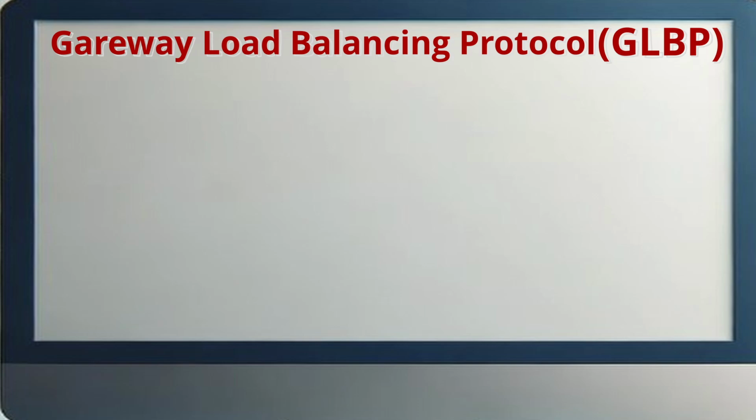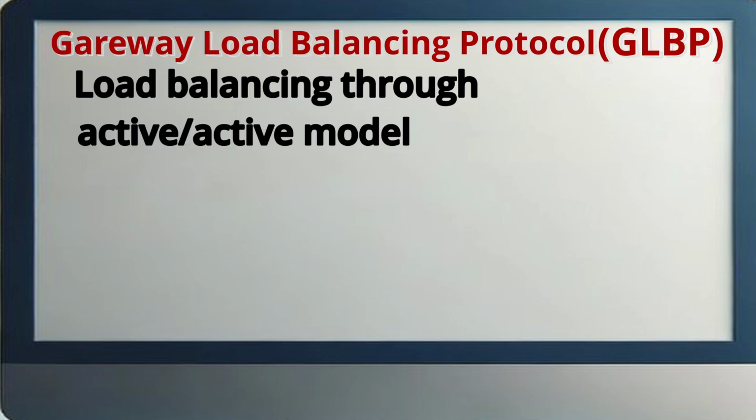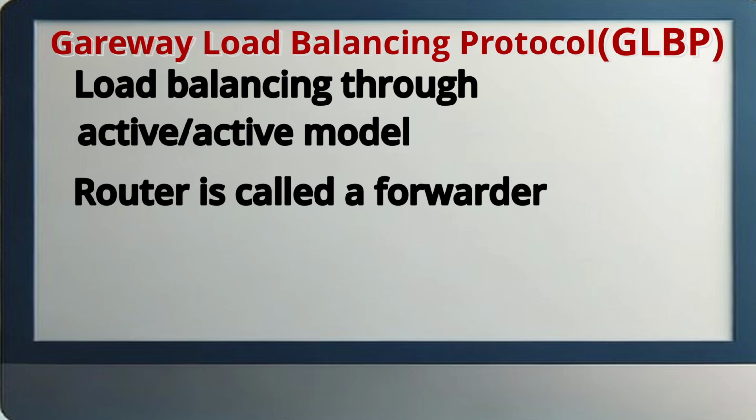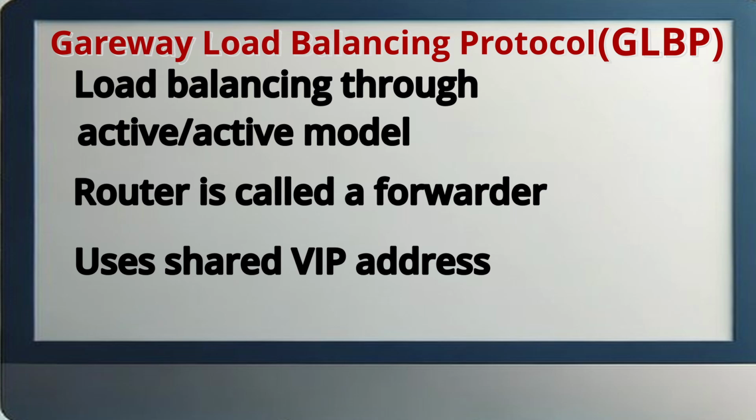The newest version of FHRP protocols is called Gateway Load Balancing Protocol, or GLBP. It balances the load between multiple redundant default gateways using an active-active model. This means all the routers actively forward traffic for a subnet. We call them forwarders. GLBP, like HSRP, uses a shared virtual IP address.